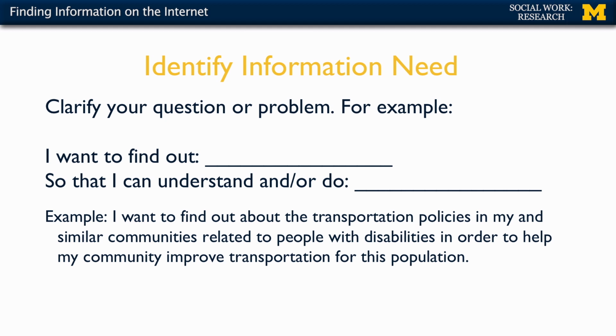Perhaps I will think about particular disabilities and not just disabilities in general. When I say policies, what am I looking for? Am I looking for what's currently on the books? Am I looking for what has been changed in the last 5 years? There are a lot of details that I can use to improve this statement, and that is part of the fluidity and evolution of your search as you proceed.